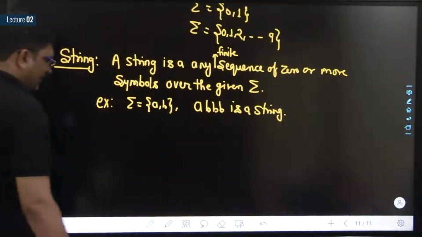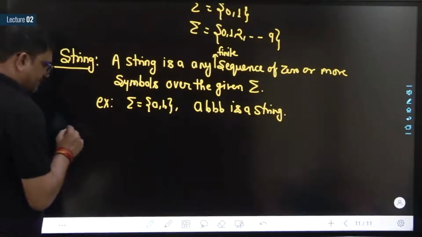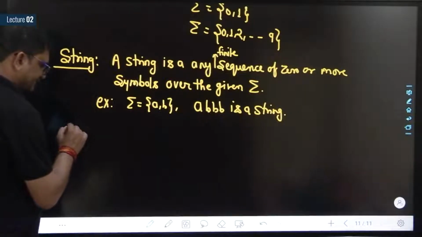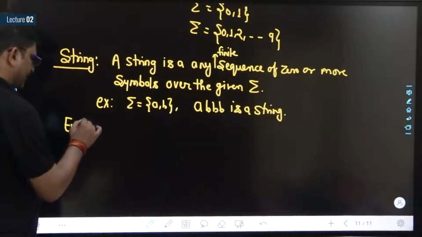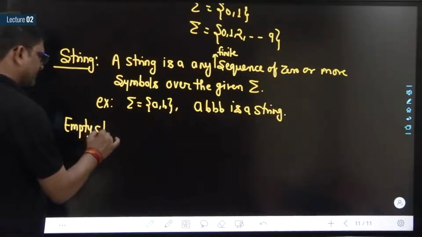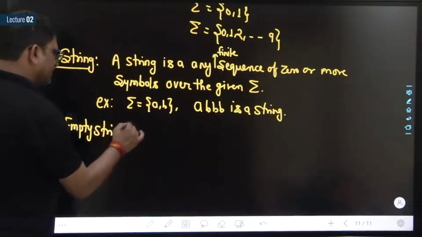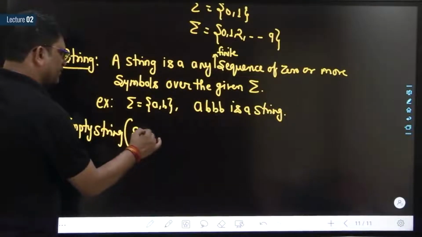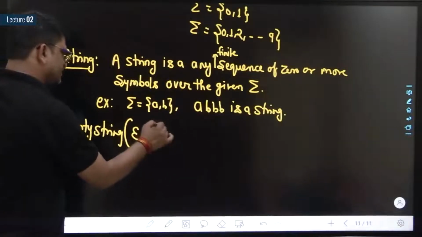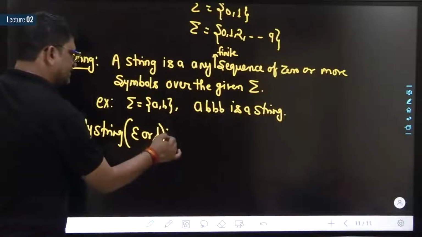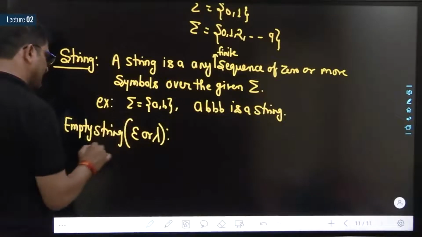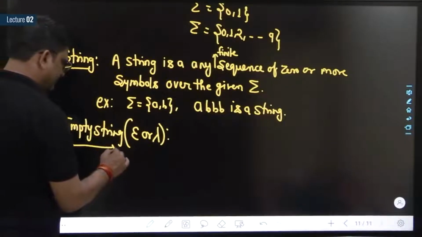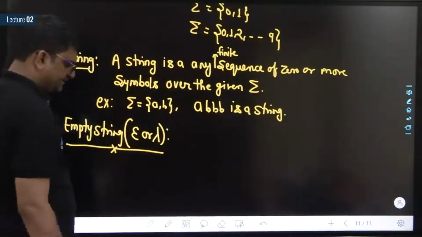Next is empty string. It is denoted by epsilon, or in some books it is denoted by lambda. What is empty string?